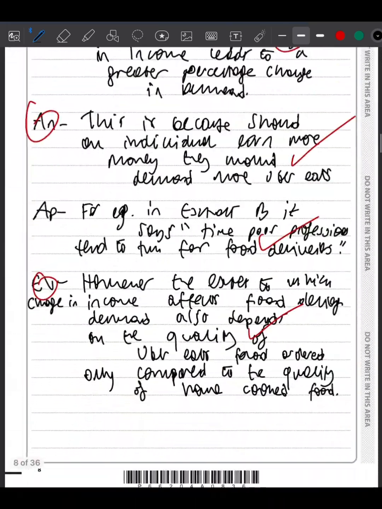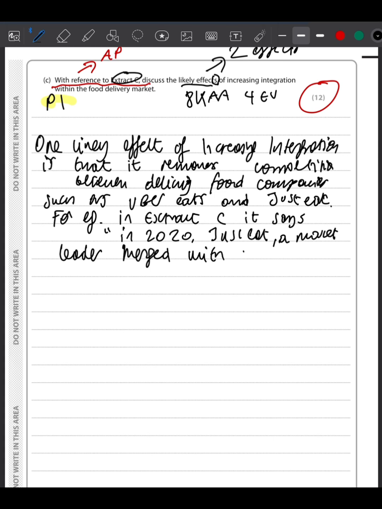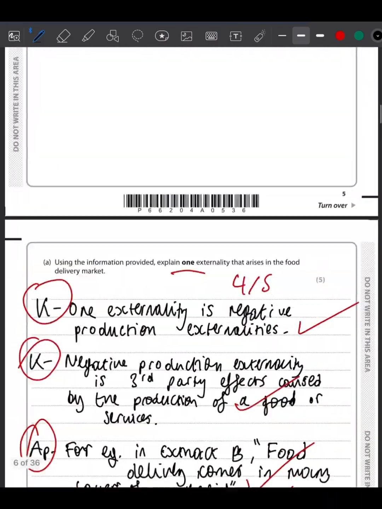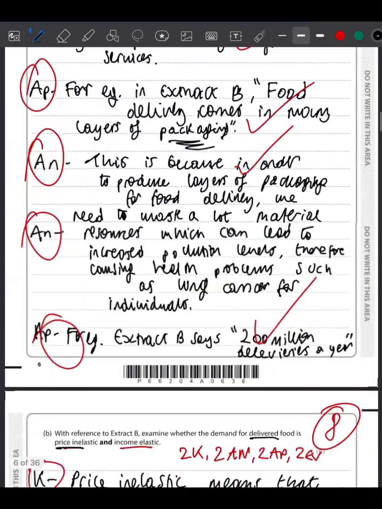So in 2020, for example, in 2020, comma, Just Eat, a market leader, merged with delivery.com, basically a German company, as they said.